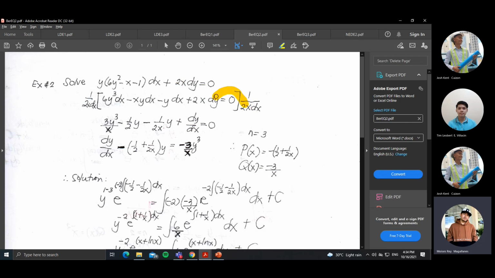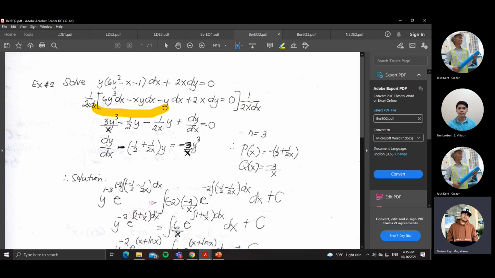The answer is dy over dx, and then we multiply. The dx will be removed, and what remains is 3, because 6 divided by 2 is 3. So 3y cubed over x. When multiplied, dx is removed and what remains is 1/2 y.